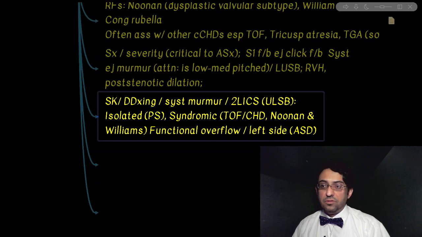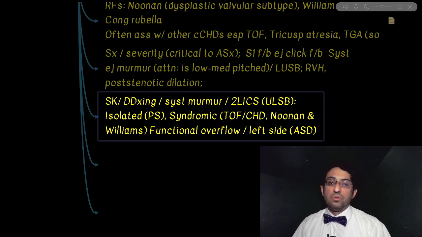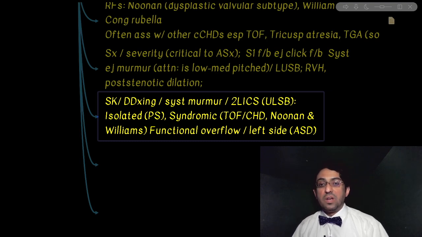So what conditions should be considered in differentials of this systolic ejection murmur in second left intercostal space? Either isolated pulmonic stenosis or the syndromic type associated with other genetic features as seen in Tetralogy, Noonan, Williams, Alagille.